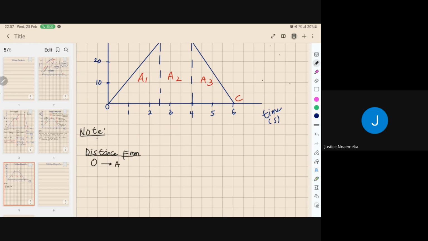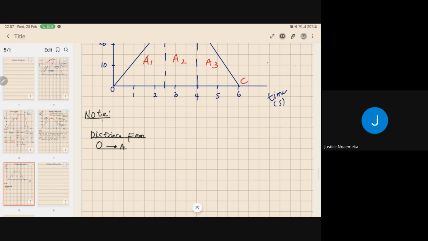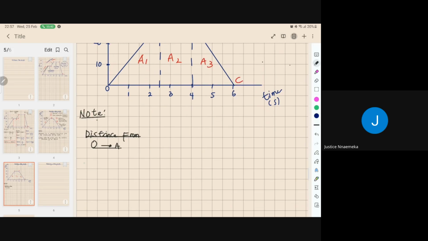It will give me the area under the graph, right? And the area under the graph is a right angle triangle, is that not so? So A1 will be equal to half base times height.